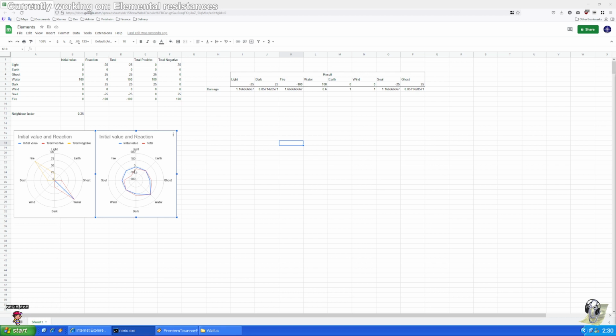So -100 fire resistance, yes. -25 light and soul, yes. Then 100 water. Okay, looks good, I think.